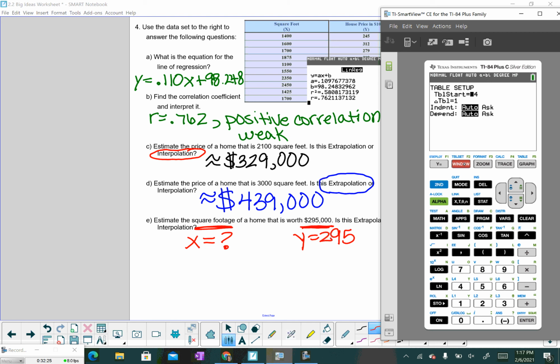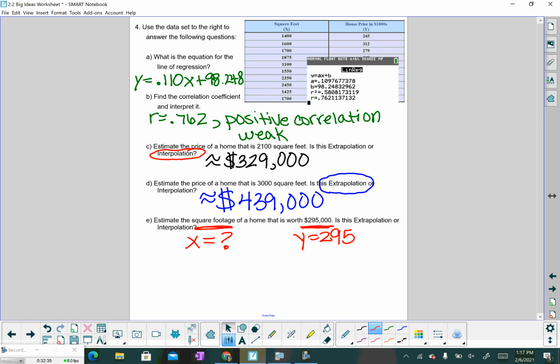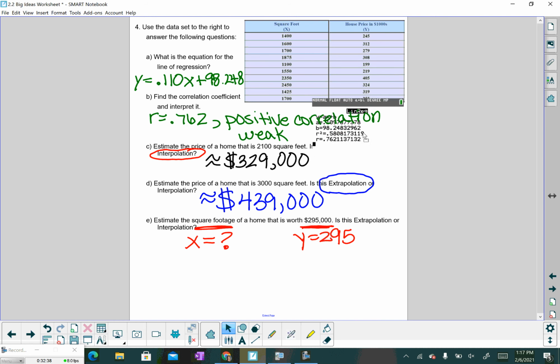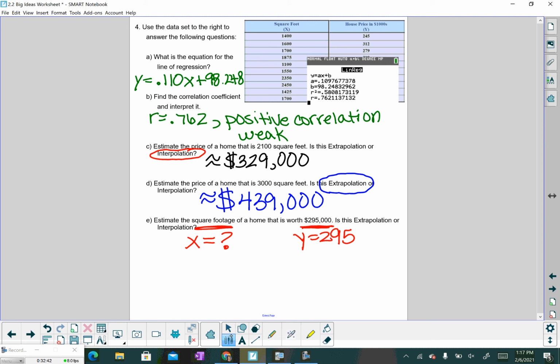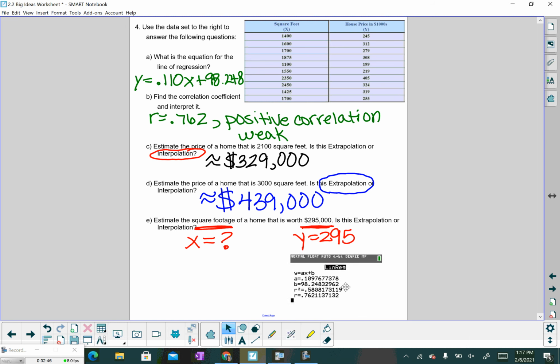This is our table settings. You can make your table start at whatever you want. So I'm going to make my table start at, well, let's look at our data here. Let's try to take an educated guess of where we think it might be so we don't have to scroll too long. All right, so we're looking for when y is 295. I've got values kind of close to that. Oop, why did that go back up there? Stay down there.